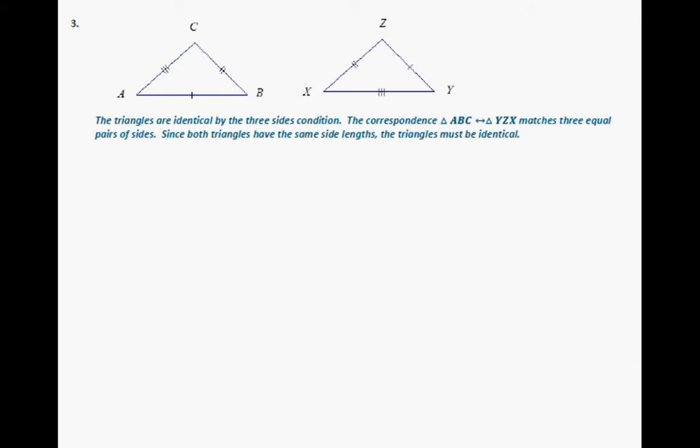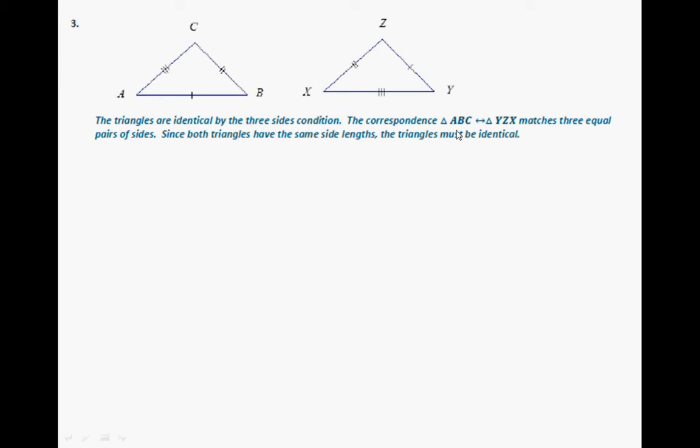And for the third one, the triangles are identical by the 3 sides condition. Even though all these sides do not look like they match, one looks like it matches with the 3 tick marks, but again, it has nothing to do with the drawing, it has everything to do with the correspondence. Since we have a condition of 3 sides, if we have 3 corresponding sides, then we have unique triangles which can be identical.